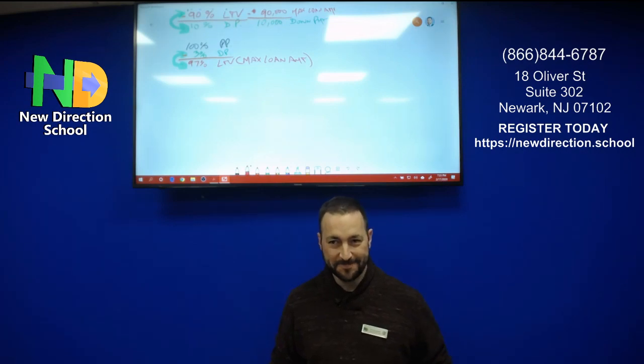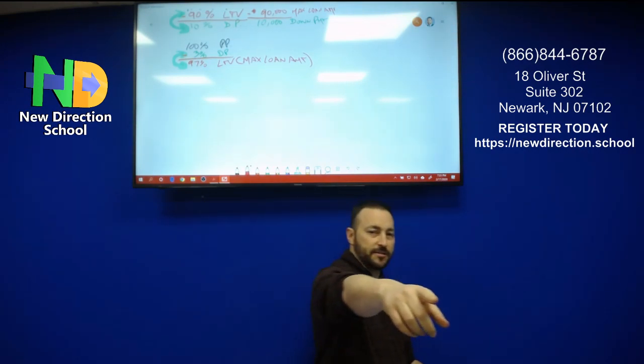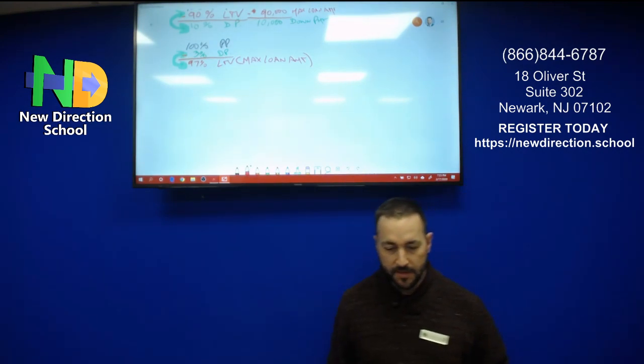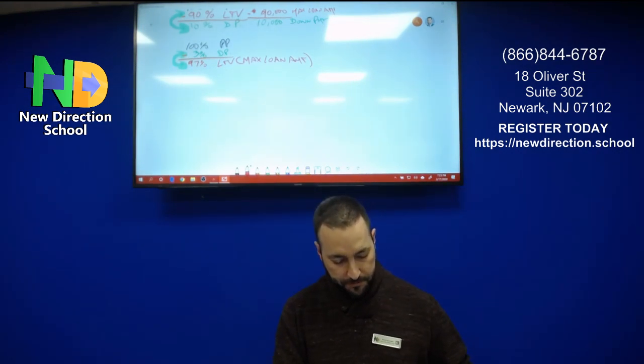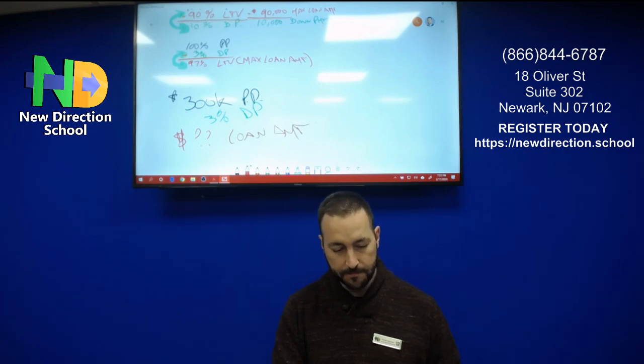What I was saying was, you're purchasing for $300,000. That is the purchase price, and you have a 3% down payment. My question is, what is the loan amount?